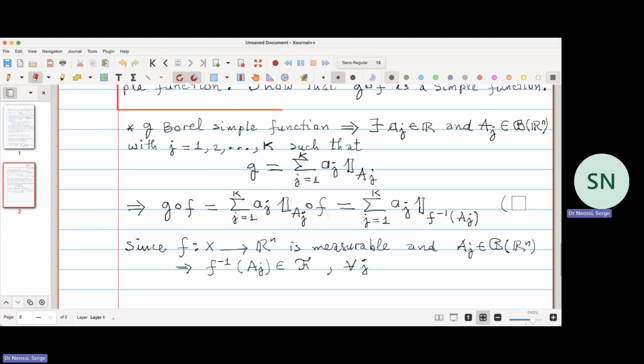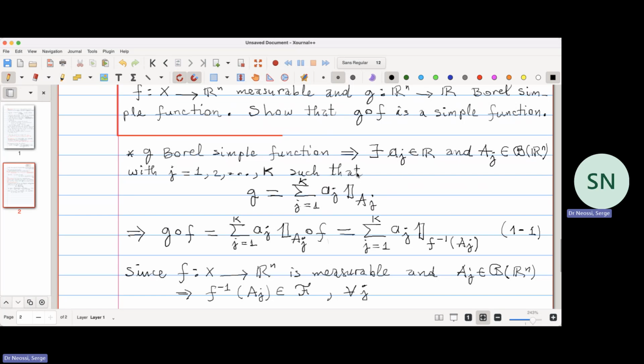Since it's a different problem, this is example 3, so we call this equation 3.1.